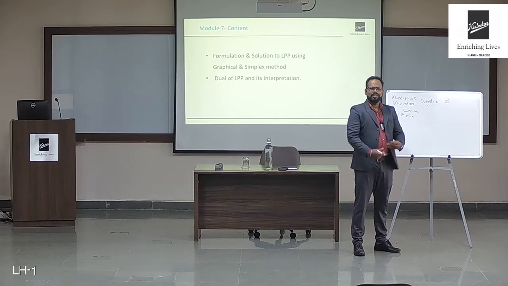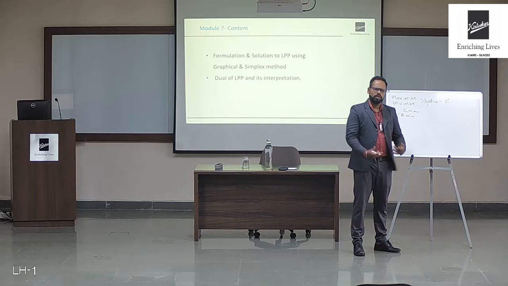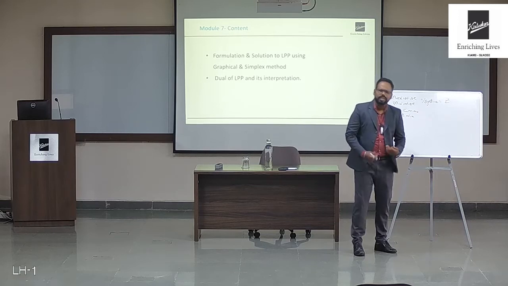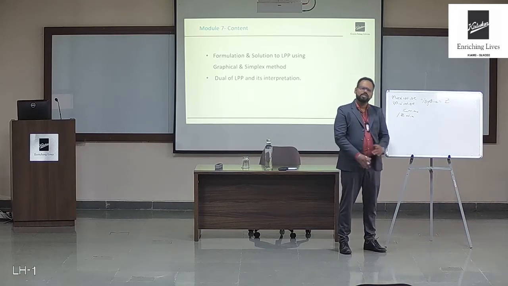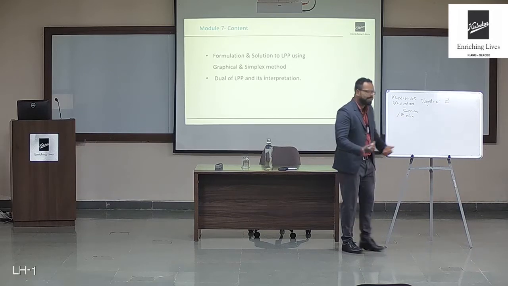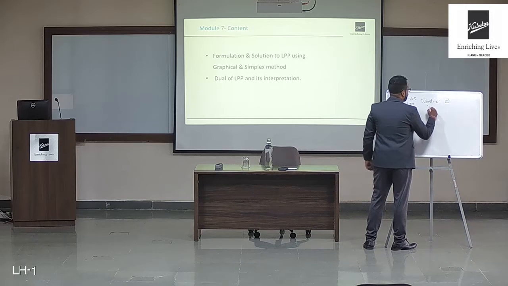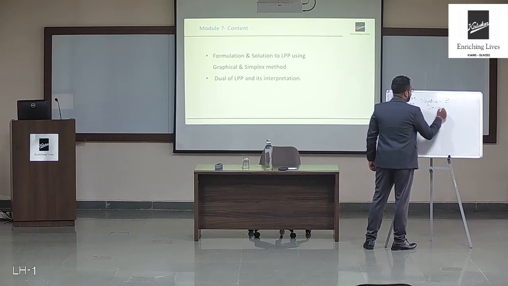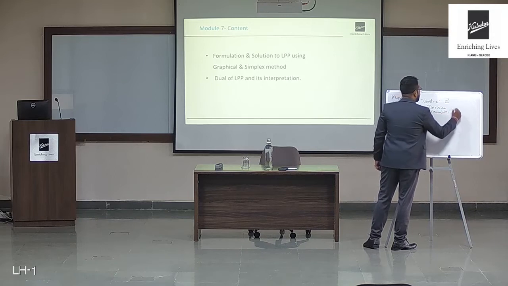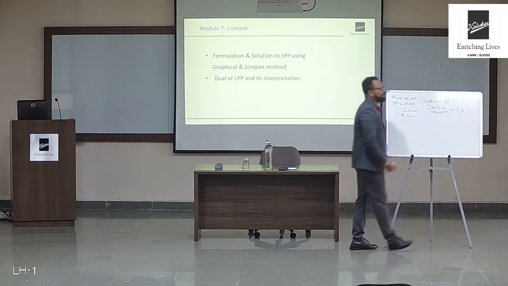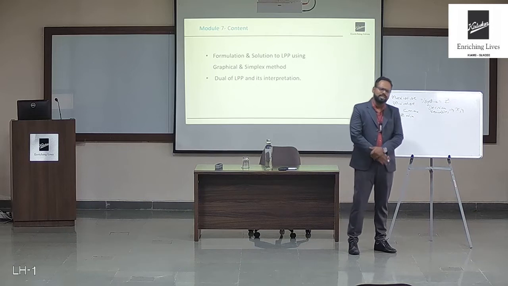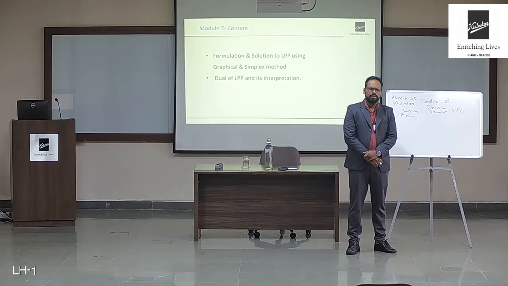Your things will be dependent on some variables. Some variables will be impacting your system, or some decisions you're trying to make have some variables involved. These variables are called decision variables, and they are given by the symbol either X, Y, or whatever symbols you want to use, either X1, Y1, and so on.